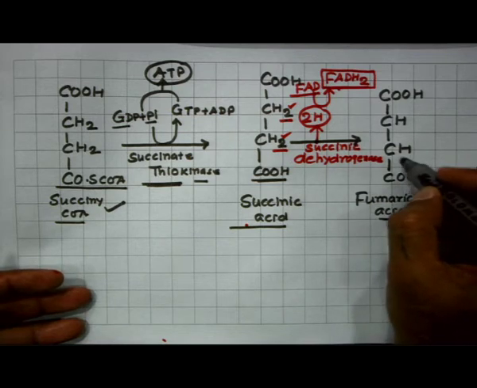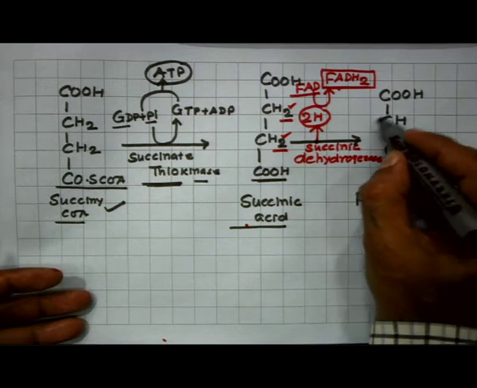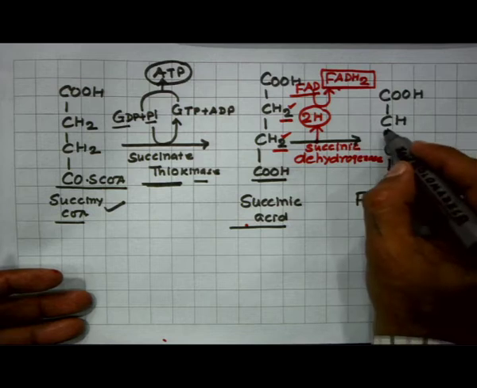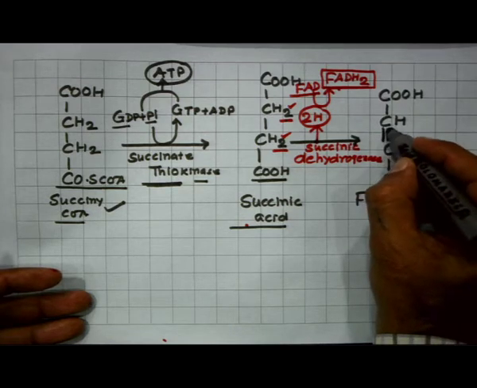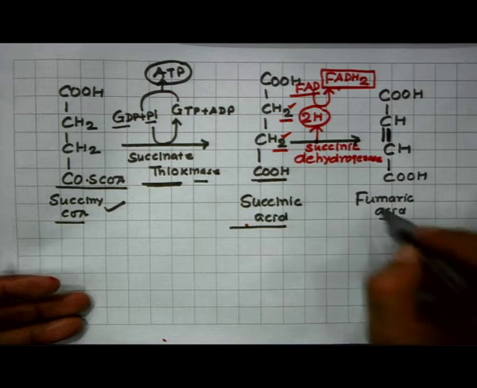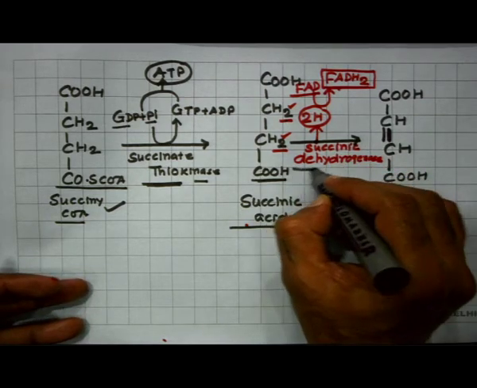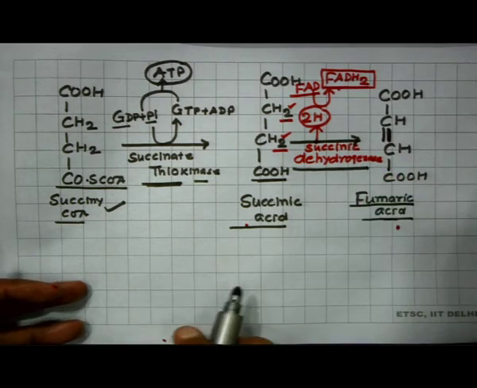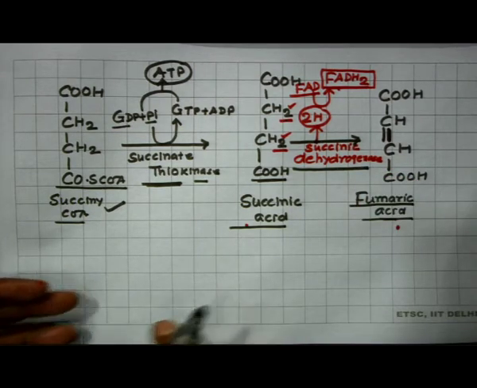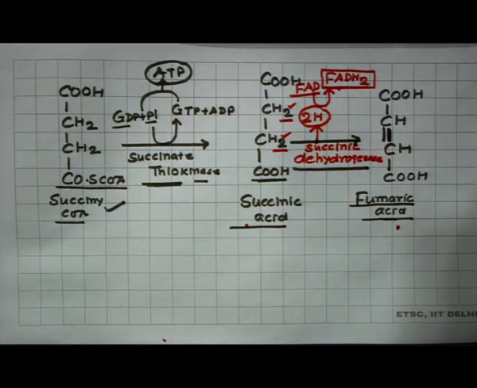Now, the structure is not complete because the carbon has no four valency. So, here is the double bond between the carbon atoms. Now, it is the formation of fumaric acid, where the dehydrogenation process takes place. So, this is the seventh step of the Krebs cycle, called dehydrogenation.